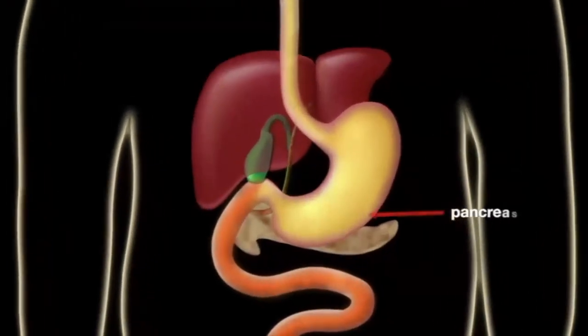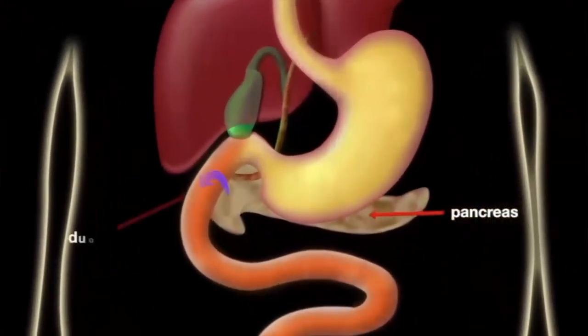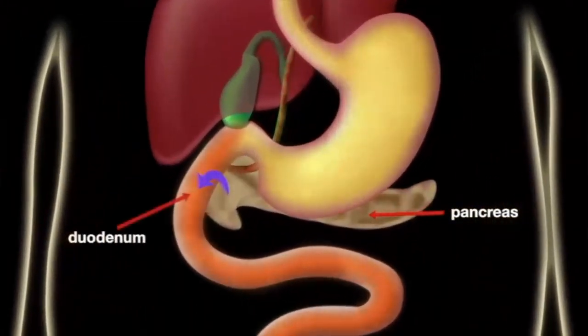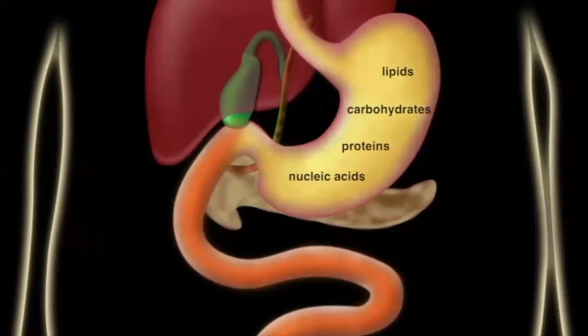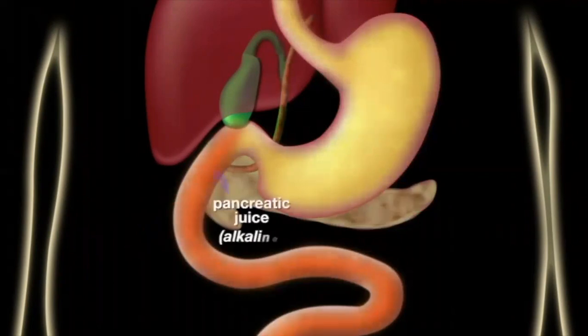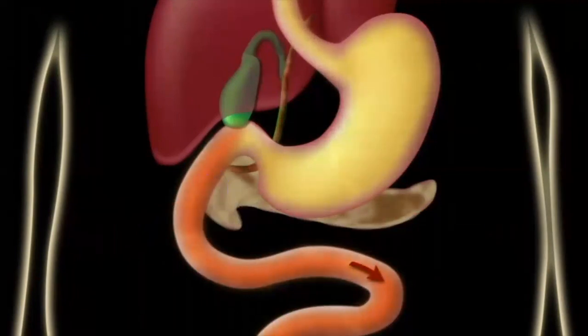The pancreas secretes pancreatic juice into the duodenum. This strong digestive cocktail converts lipids, carbohydrates, proteins, and nucleic acids into smaller chemical compounds. Pancreatic juice is alkaline, which neutralizes the strong stomach acids. By the time food has left the duodenum, it has been reduced to its building blocks.